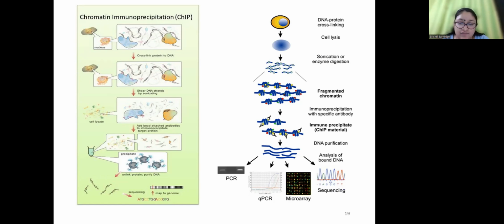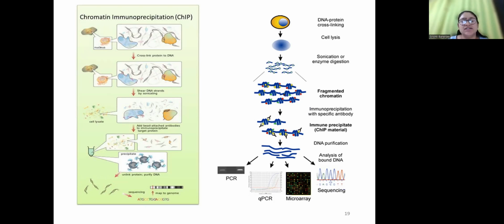And then for detection of the DNA, what are we going to do? We can do a PCR, a qPCR, or a DNA microarray, or we can also sequence the genes or the fragments of the DNA to know what exact genomic material was there.